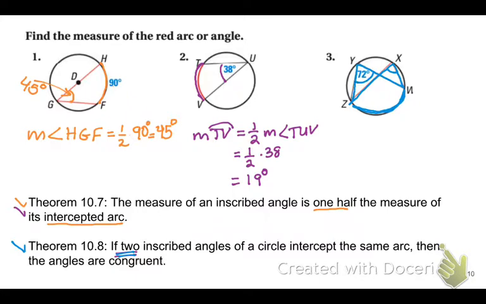So if two inscribed angles intercept the same arc, they share the arc, then the angles are congruent. So we know the measure of angle X is congruent to the measure of angle Y, and therefore the measure of angle X has to equal 72 degrees.